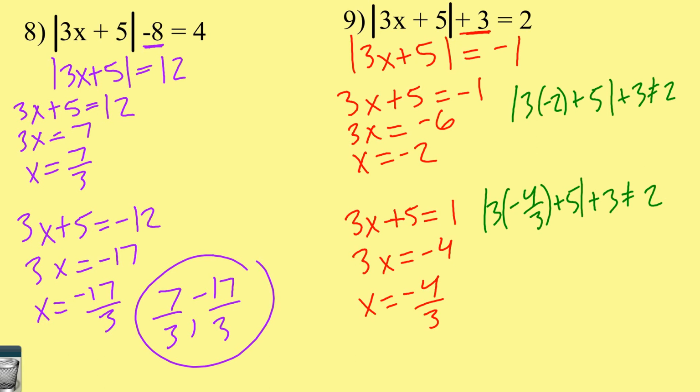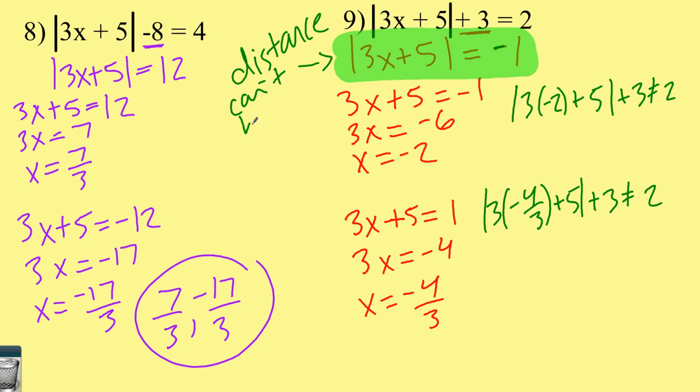Let's think about that. Let's go back to our equation. The absolute value of 3x plus 5 must equal negative 1. What did we say about absolute value? Oh yeah, that represents distance. Distance cannot be represented by a negative number. So, we can't do this. We are never going to be able to solve this.